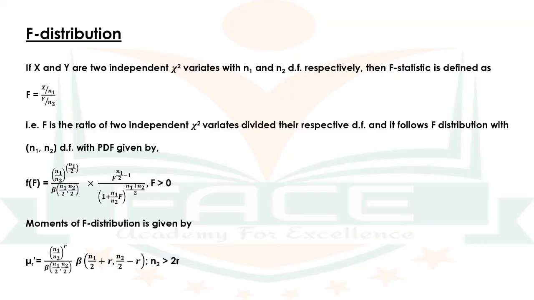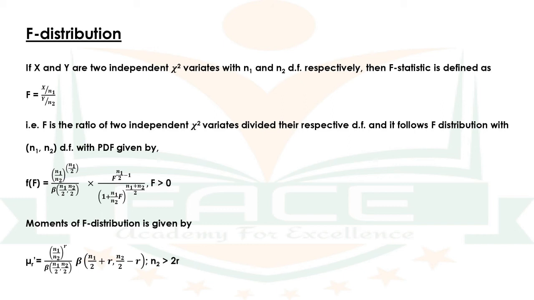Next, let us see what is F distribution. If x and y are two independent chi-square variates with n1 and n2 degrees of freedom respectively, then the F statistic is defined as F is equal to x by n1 divided by y by n2. That is, F is the ratio of two chi-square variates divided by their respective degrees of freedom, and it follows F distribution with n1, n2 degrees of freedom.